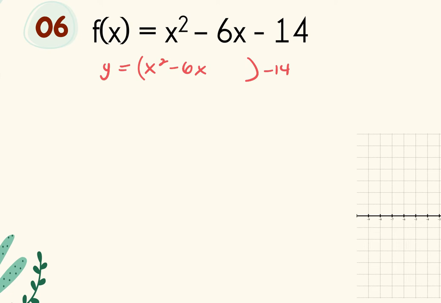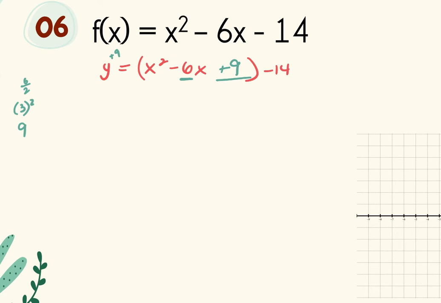Step 2 was take whatever is inside the parentheses, that second term, divide it by 2, so 6 divided by 2 is 3, and then square it, and that's 9. And we would add it inside the parentheses, and we would add it to the opposite side of the equal sign, which you still can do, but at the end you're going to have to subtract it back from the 14 because you got to get y by itself.